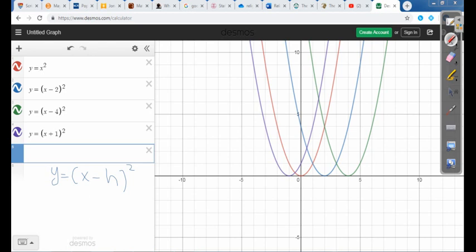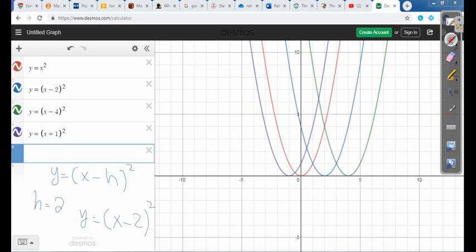So if h is positive 2, okay, eyes on me. If h is 2, and I come and put 2 here, how would my formula look? I'm replacing the h with a 2. So it's x minus 2, right? (x minus 2) squared.